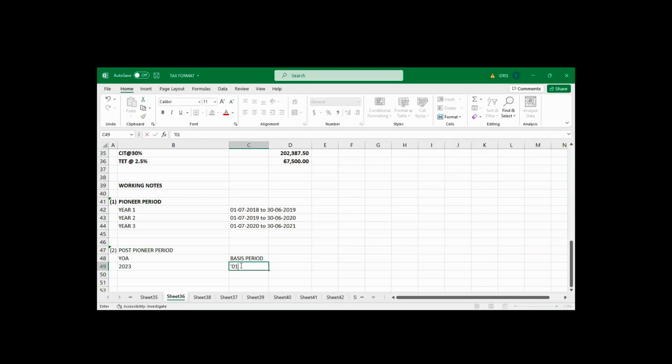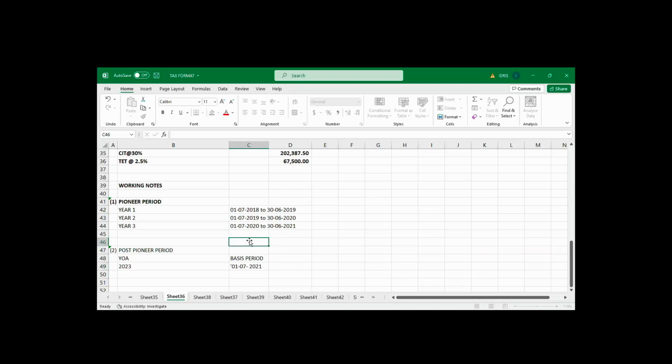So this post-pioneer period, the first basis period is going to start 1st July. We are going to apply the commencement rule. 1st July 2021, the next day after the pioneer period.